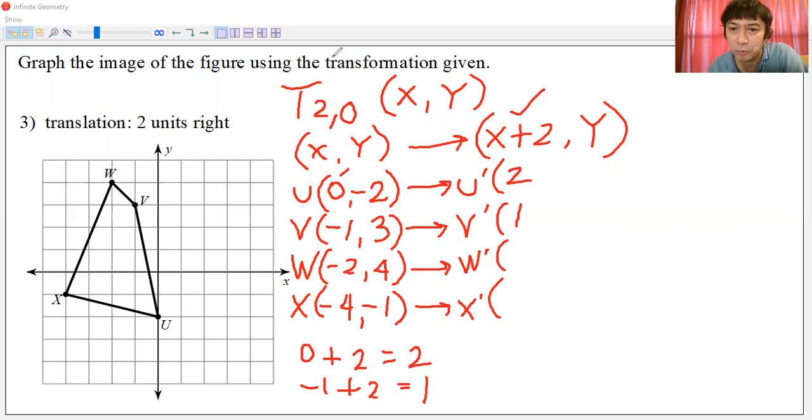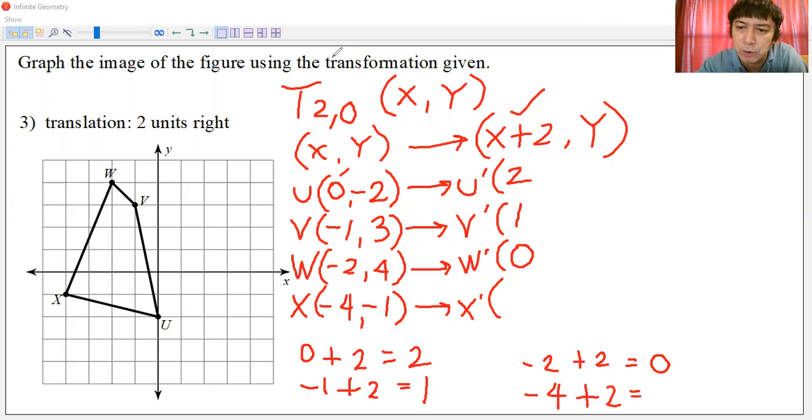Our x is -2. So -2, you add 2, it's 0. That means this is 0. And then our point X, that's -4 for x, and then we add 2. So that's -2 there.